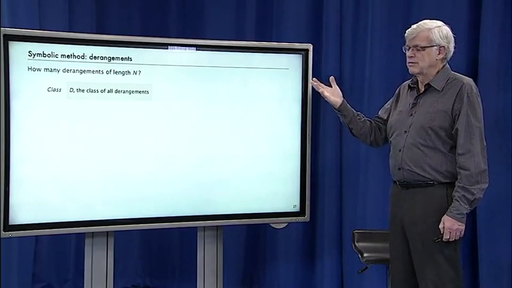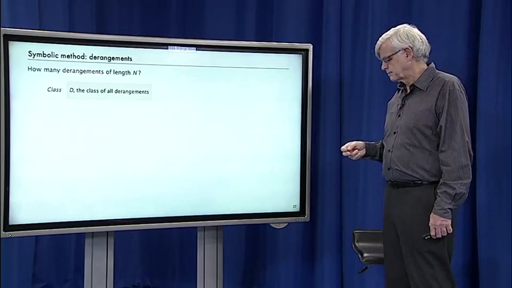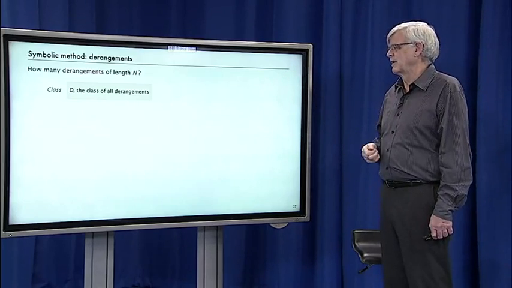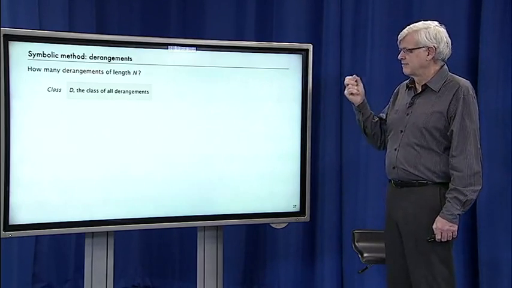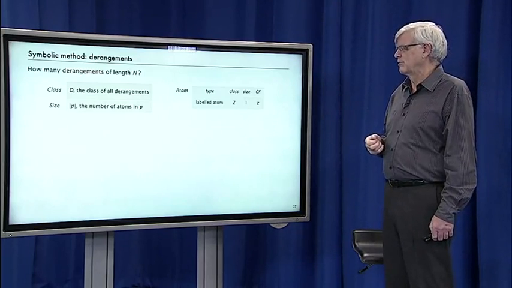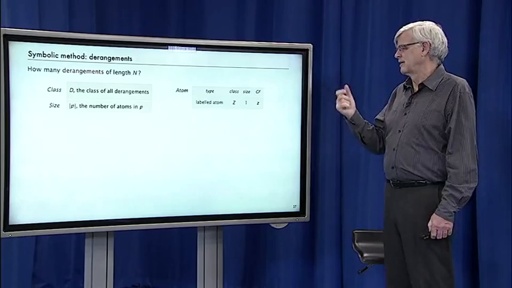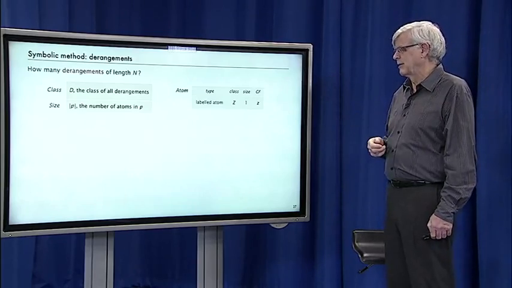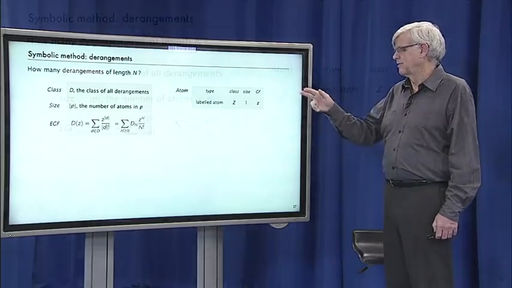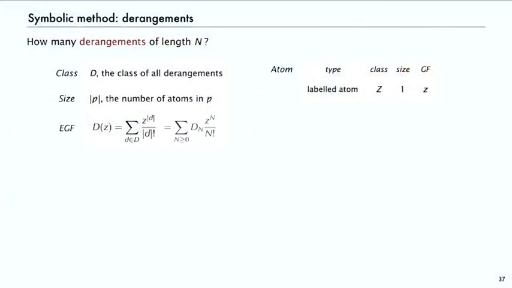Now we'll just go through our regular regimen. We're going to define D to be the class of all derangements. Size is the number of atoms, standard labeled atoms. The generating function is always the same, the exponential generating function. And so what's the combinatorial construction?